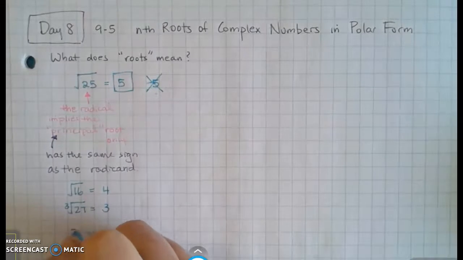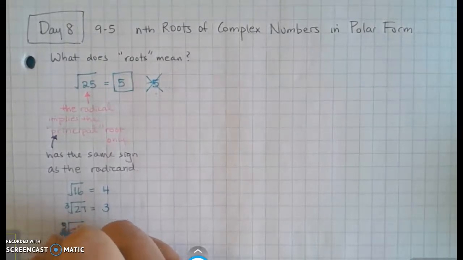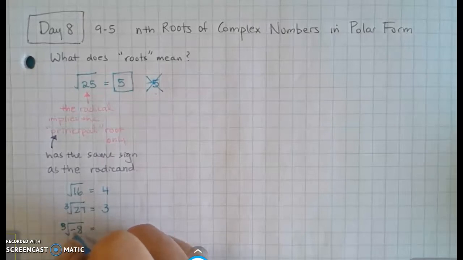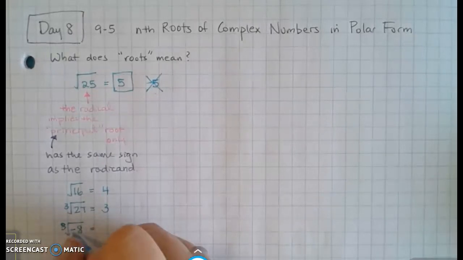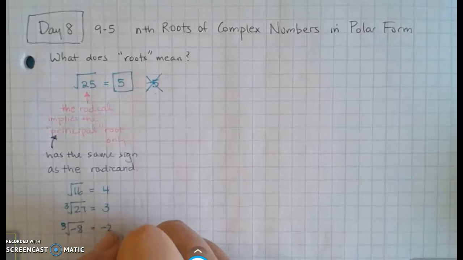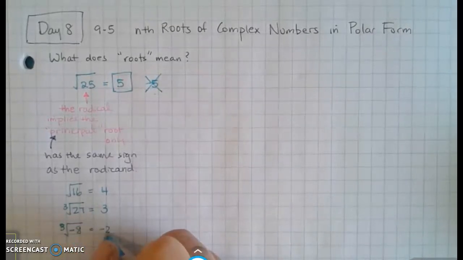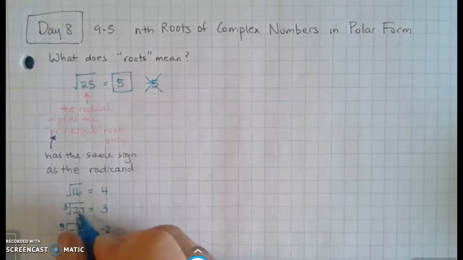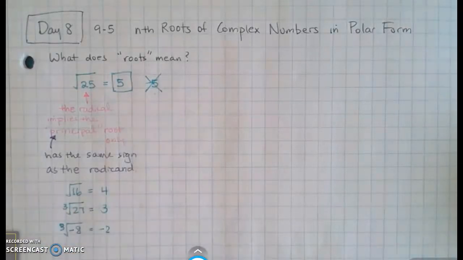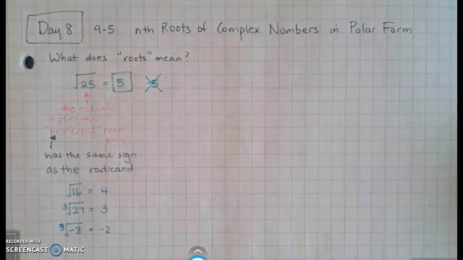Or if I have cube root of negative 8, that's going to be what number multiplied to itself 3 times is negative 8? That's going to be negative 2. Notice that the radicand and the answer have the same sign. Okay, so this is what we mean by principal root.